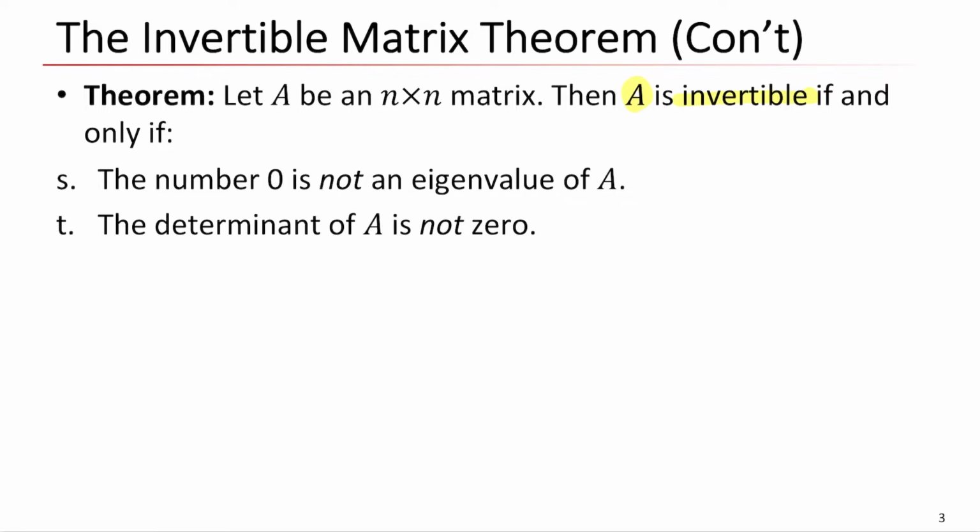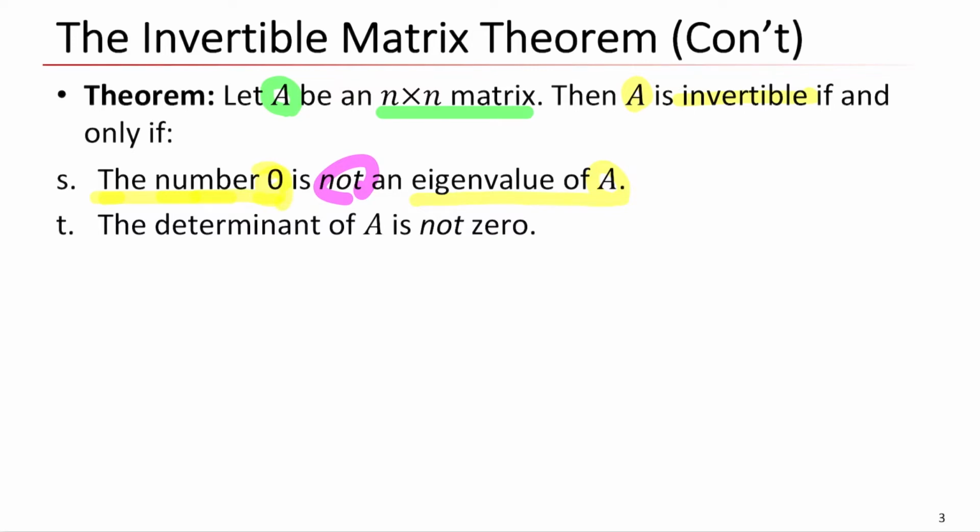Let's say matrix A is an n by n matrix, and A is invertible if and only if, first of all, the number 0 is not an eigenvalue of A. It means that the eigenvalues of A do not contain the number 0.